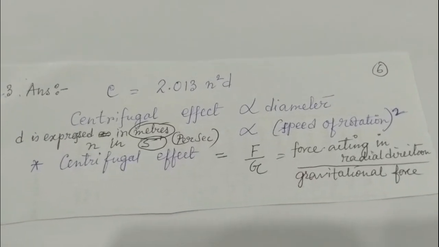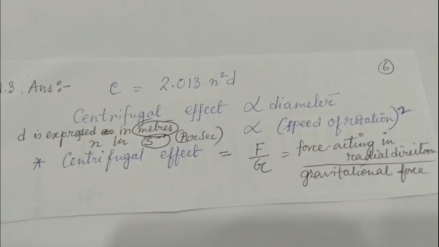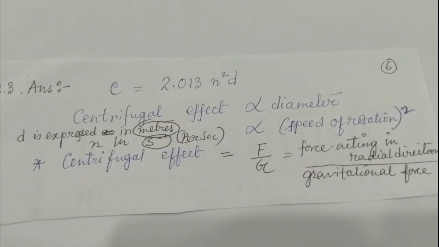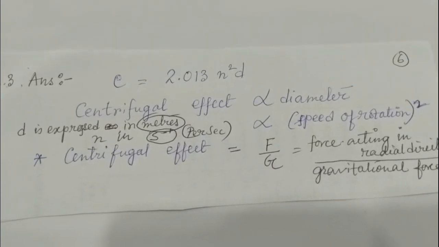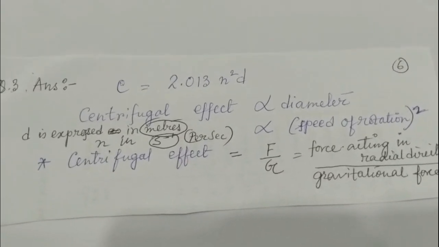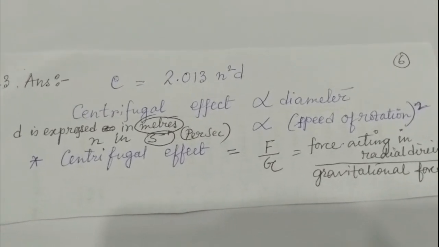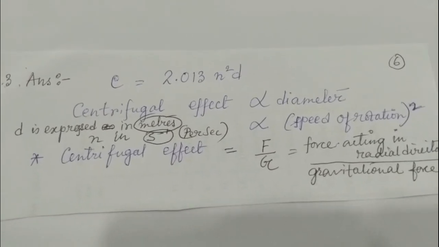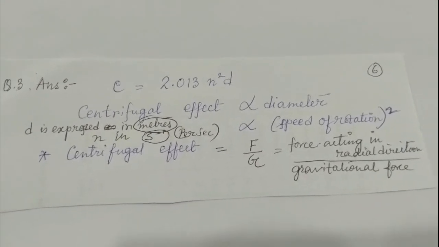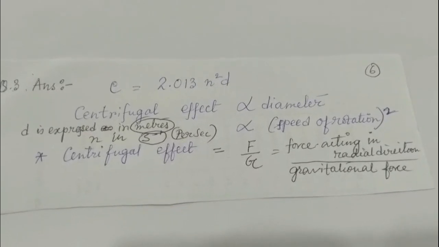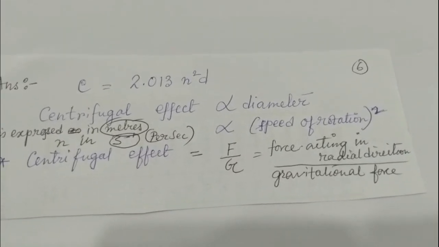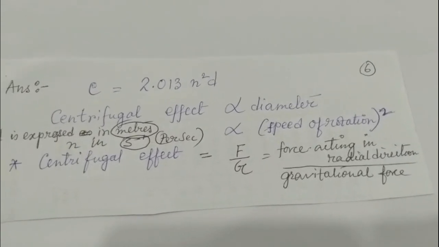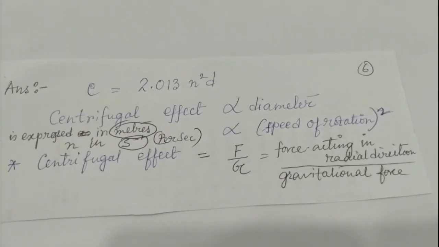Here d is expressed in meters, that is, diameter is expressed in meter, and n is expressed in per second. And another way to know the centrifugal effect: it is equal to F by G, that is, force acting in radial direction by gravitational force.